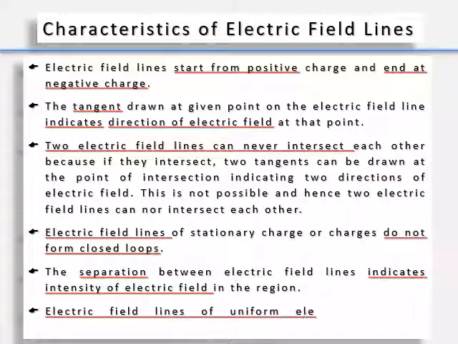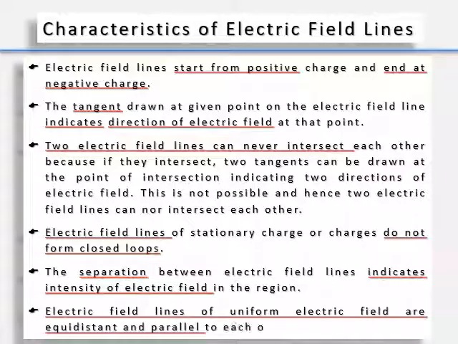Similarly, we can also represent uniform and non-uniform electric fields with the help of electric field lines. For a uniform electric field, we consider electric field lines which are parallel to each other and which have the same distance. So these are the characteristics of electric field lines, and that is all we should be knowing about electric field lines at this point.